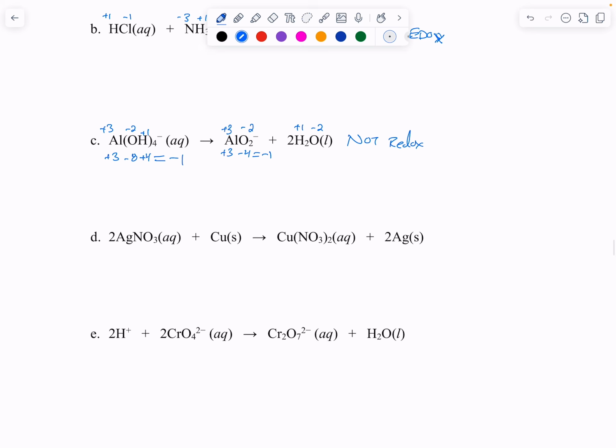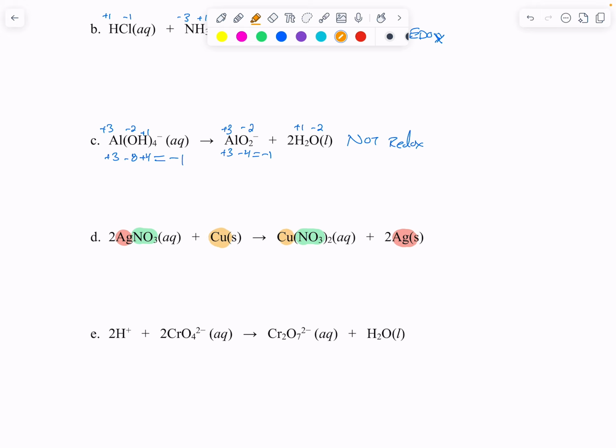D. Ooh. One thing you can look at. I have nitrate here, right? Do you think nitrate changes its oxidation states? Nope. And what do you notice here? I have silver by itself, and then silver with something. Then I have copper by itself, and copper with something.